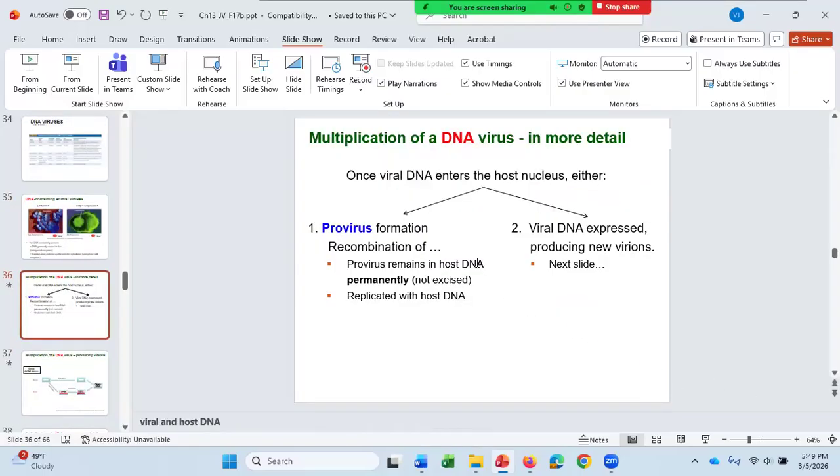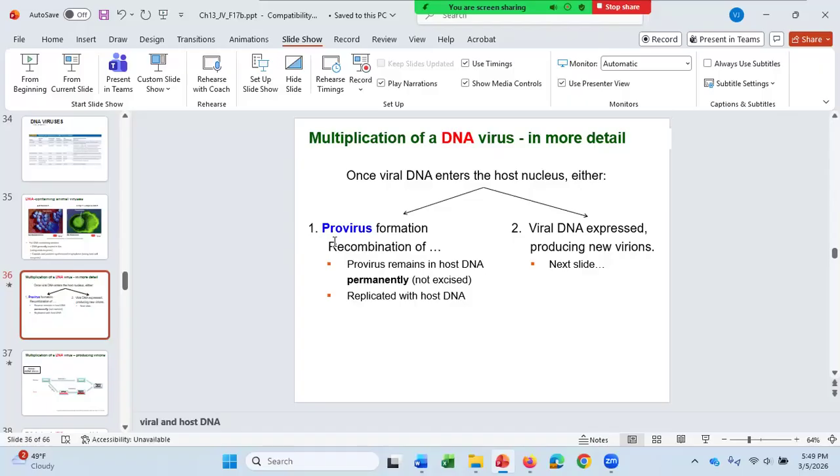All right, once the viral DNA enters the host cell, one of 2 things will happen. First, the DNA of the virus can integrate into the host cell, not becoming a prophage because it's not a bacteriophage. This is an animal virus, so we use the term provirus. That is when the viral DNA integrates into the host cell chromosome.